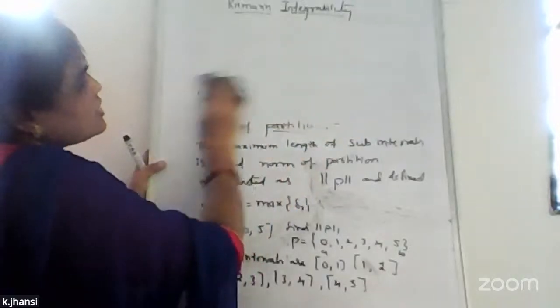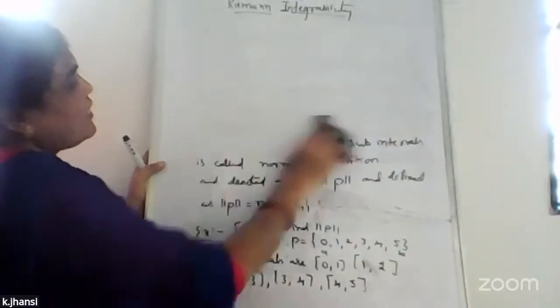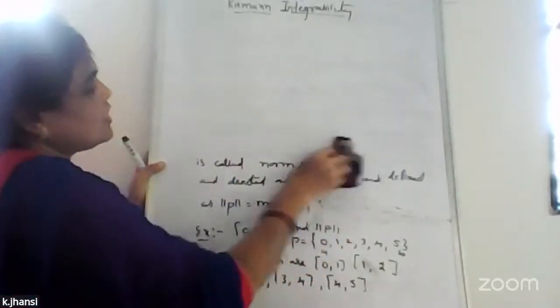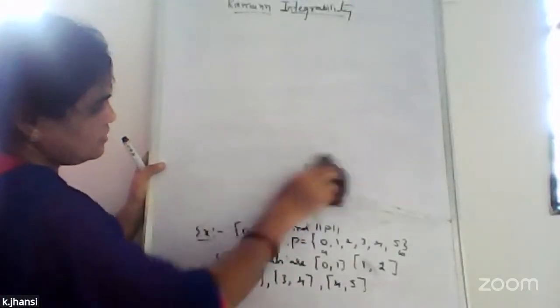The representation of the supremum and infimum of the closed interval a comma b, whatever it is given, is important for solving the theorems here.